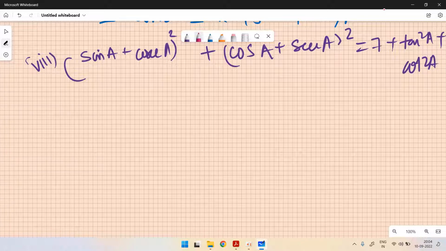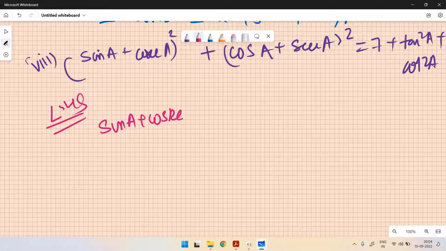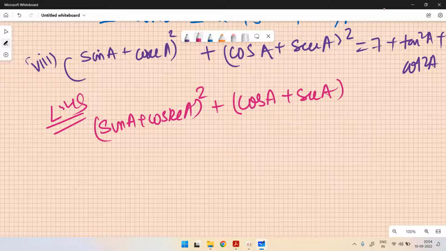So I am taking the LHS. I'm very interested in LHS. This is sine A plus cosecant A whole square plus cos A plus secant A whole square.